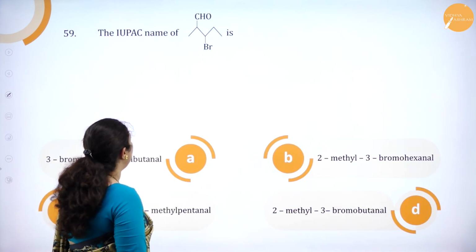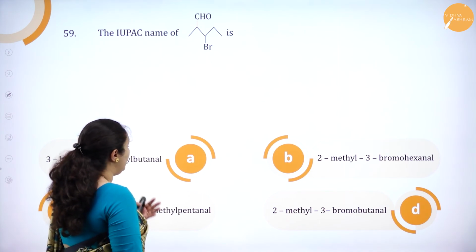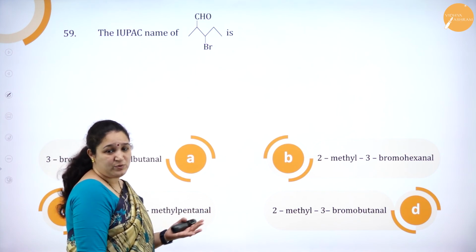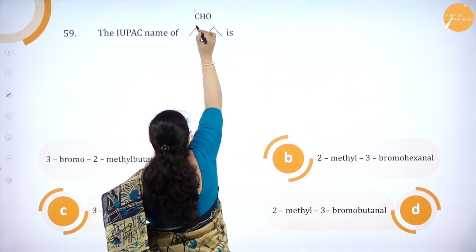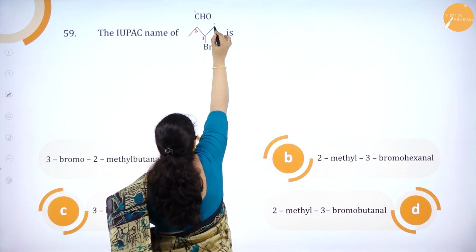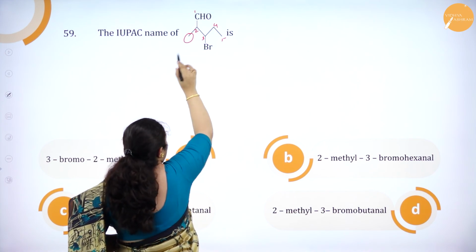What is the IUPAC name of the compound? Instead of just reading the options, we can directly write it off. That is 1, 2, 3, 4, 5. The second carbon atom is having the CH3 group.